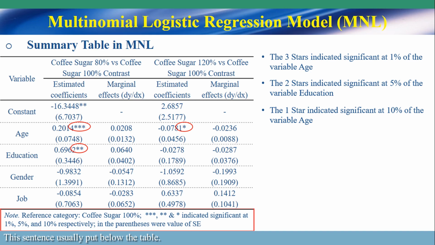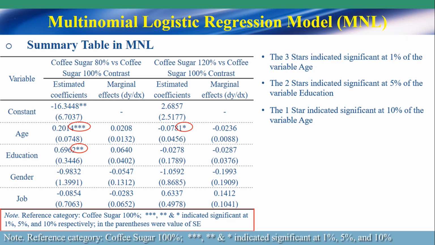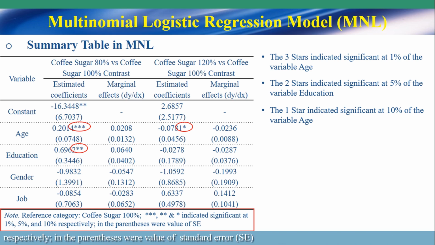This sentence is usually put below the table. Note: the reference category is coffee sugar 100%; 3 stars, 2 stars, and 1 star indicate significance at 1%, 5%, and 10% respectively. In parentheses are standard error values.